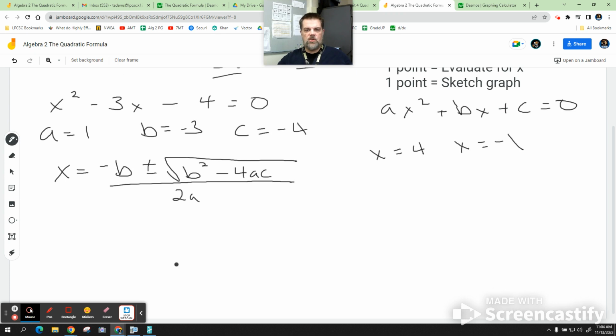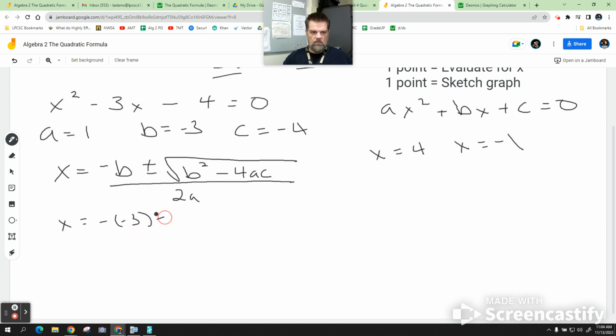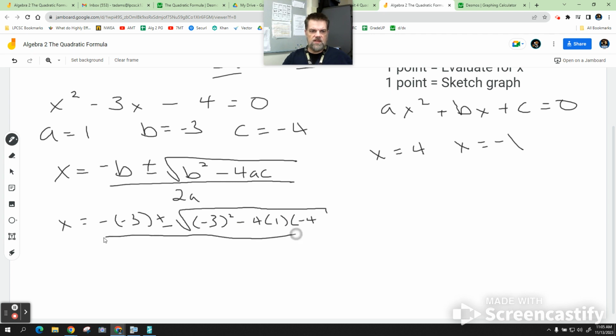But now that you know what the answers are, let's plug it in and see. We say X equals -3 plus or minus the square root of b squared, but it's actually -3 squared minus 4 times a, which is 1, times c, which is -4, all over 2 times a, which is 1.